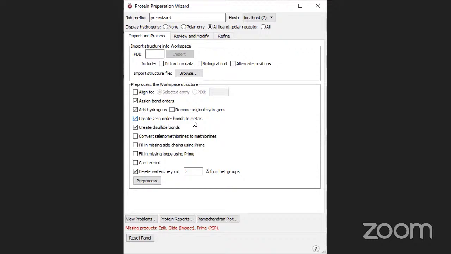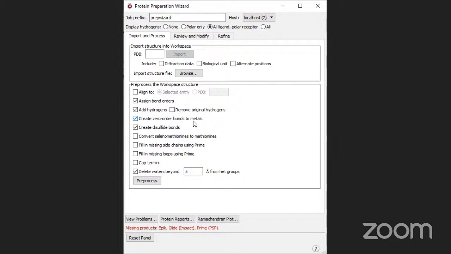A drug molecule is acting by binding with the zinc atom, and it is destabilizing the protein. But if that co-crystallized ligand is already bonded with the zinc atom, the bond order of that particular metal will be changed. That is the reason we need to make it zero. That is create zero order bonds to the metals. Then create disulfide bonds.